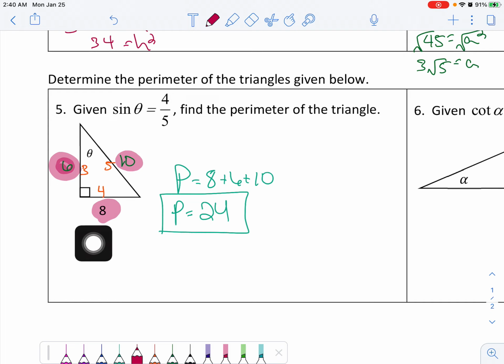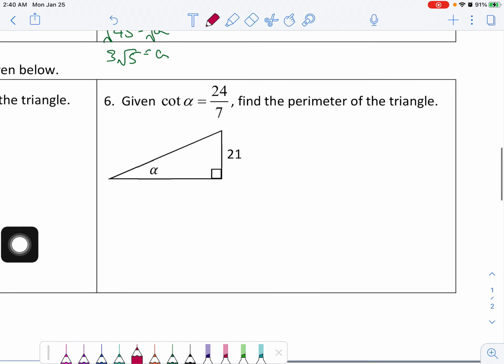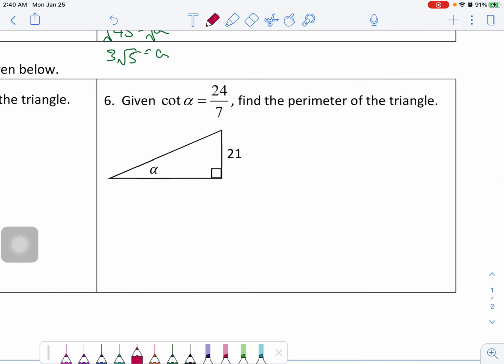Okay. So be careful that you don't mix and match. This 8 is not in the same ratio set as this 4 and this 5. So basically what happened is we had the 8 over 10 and it got reduced to 4 over 5. So we're kind of trying to figure out how to unreduce it to get back up to what the triangle was equal to.